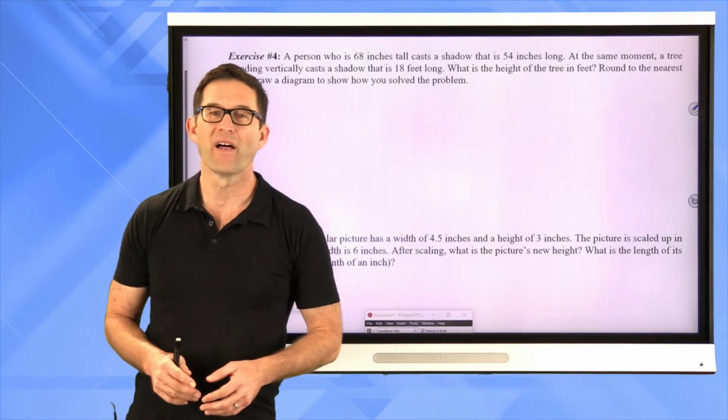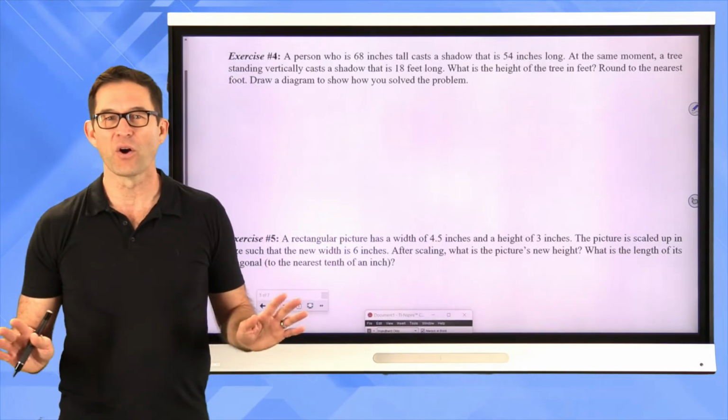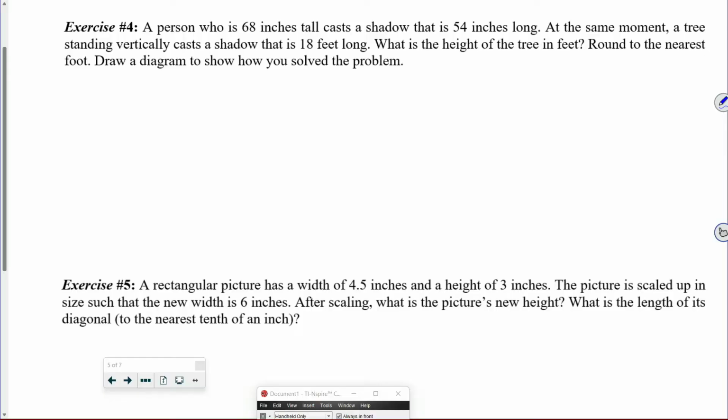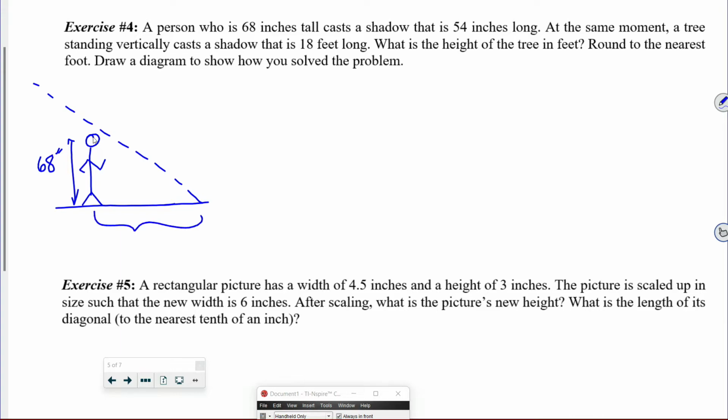All right, well, now you get to see my great artistry, right? Let's start with the person. We've got a person who needs to eat more, all right? And this person stands 68 inches tall, and the sun casts a shadow with that person that is 54 inches long.